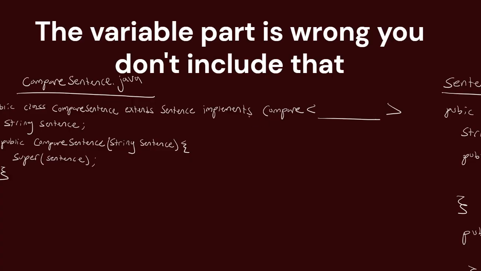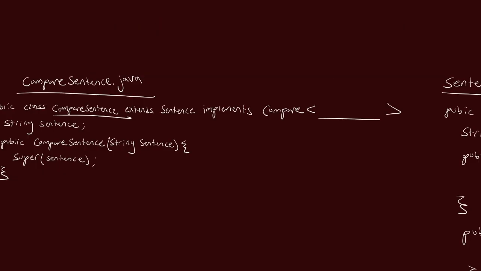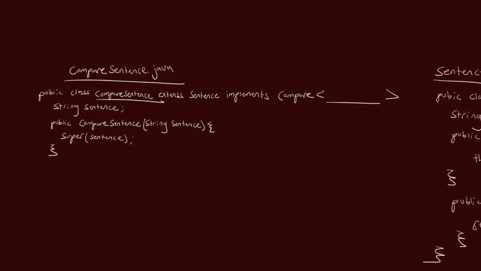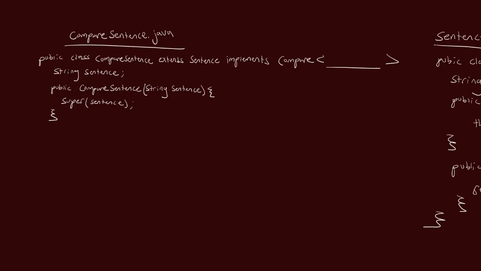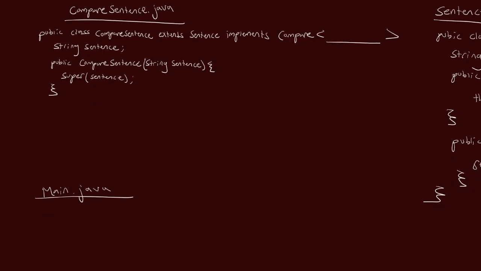So the data type we're going to put is the compare sentence one, because of the method we're going to be working with in the main class. So in the main.java class, we're going to do compare sentence sentence1 equals new compare sentence, and we're going to have two of them, and then we're going to compare the two.